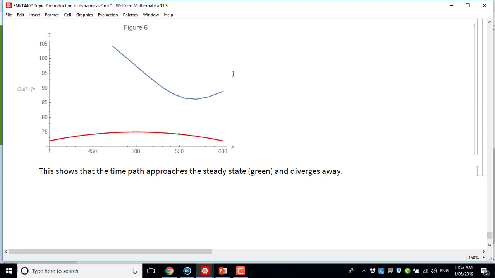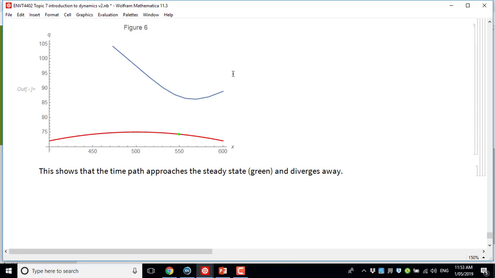But this gives slightly more interesting dynamics. So you start off at 600 and you have a harvest level which is around about 90. This red line here is giving you the growth function, and this neon green dot here gives you the steady state.